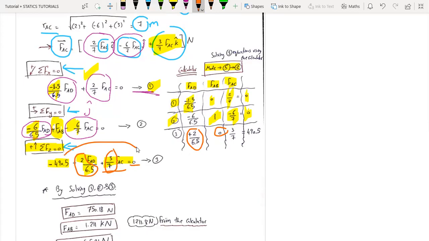We take the weight term to the other side, so it will be positive.